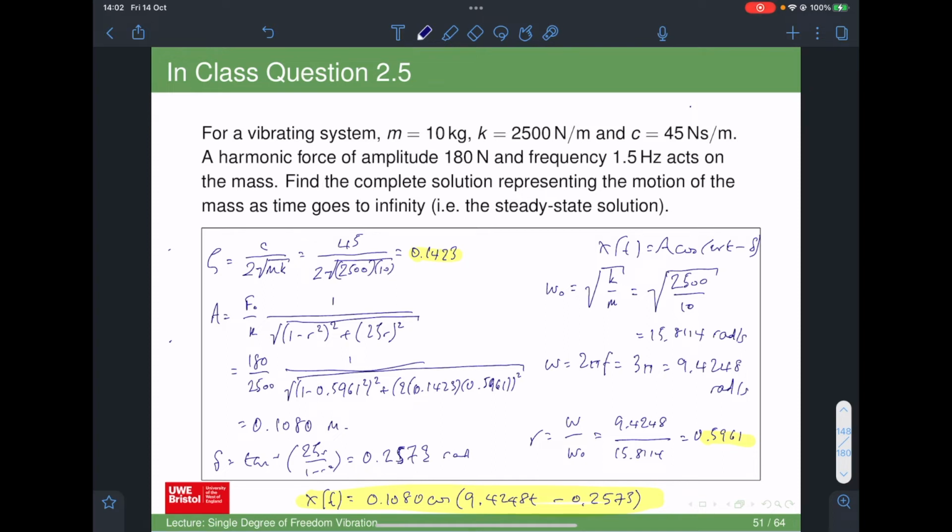So what we need to do is, if R is greater than 1, if you're driving faster than the natural frequency, you get your number from your calculator, which will be minus something, and you add pi to it. Tangent is a periodic signal. It doesn't look like sine or cosine; it's got a different shape. But basically there are multiple values of delta that satisfy that requirement, so you just add pi onto it to shift it into the range delta should be in.